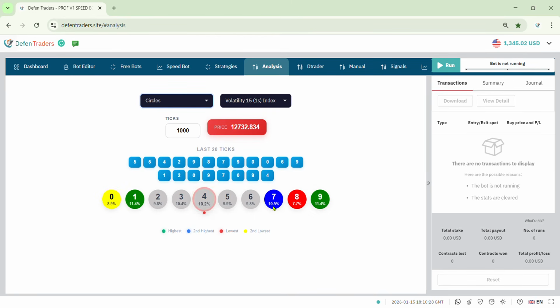Now the markets are shifting, and you can see now 1 and 9, they are competing in terms of percentage. Now the digit psychology concept is very deep and very wide to be understood.